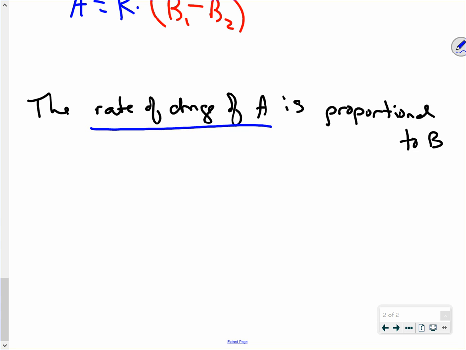The rate of change of A, dA/dt, is proportional to B. All right?